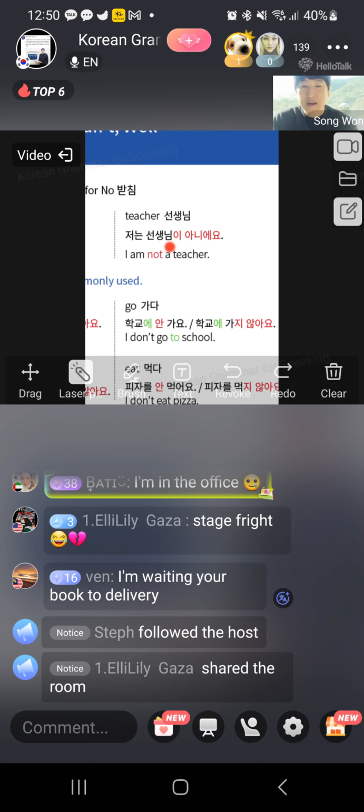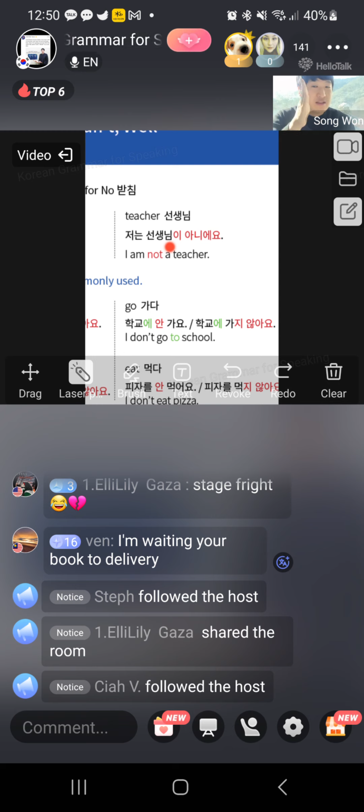There is a bottom letter at the last letter. Remember, we only care about the last letter. So 선생, we don't care if there is a bottom letter or not. 님 has it, and that's what matters. So 님 has it, then you want to use 이 아니에요. So 저는 선생님이 아니에요.